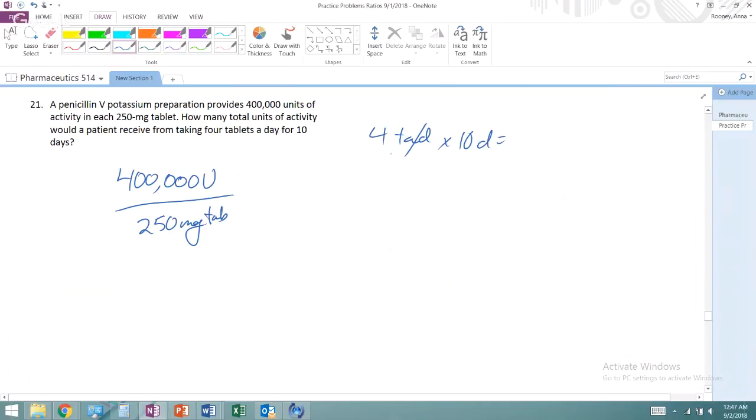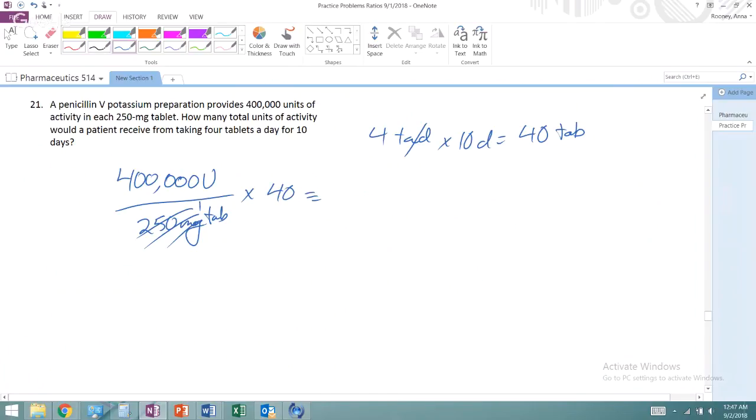So they're taking 40 tablets total. So they don't even care about the milligrams. So then we can just change that to 1 tab. So then we can just multiply that by 40.